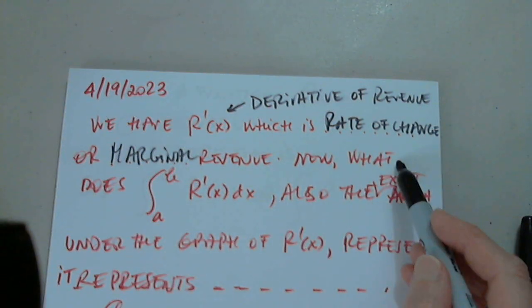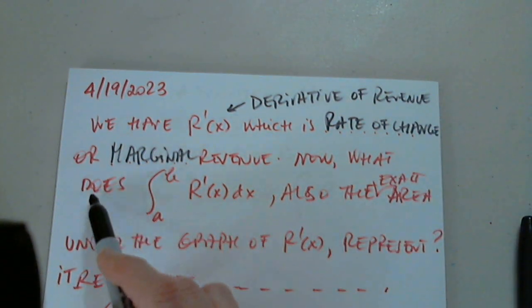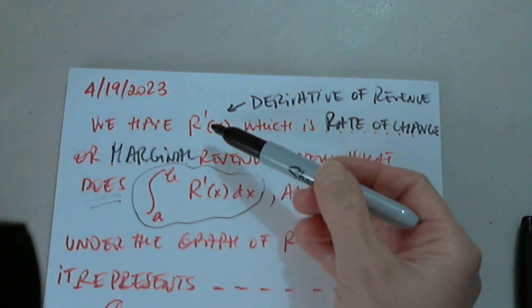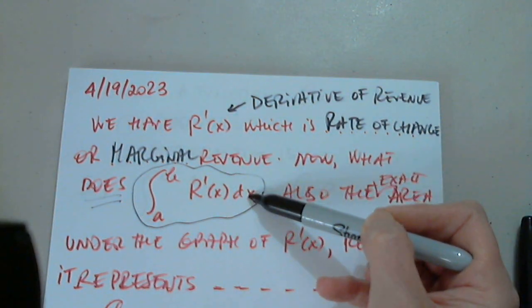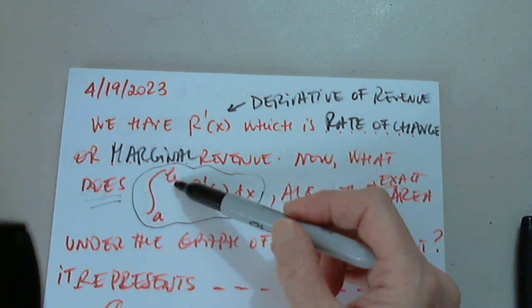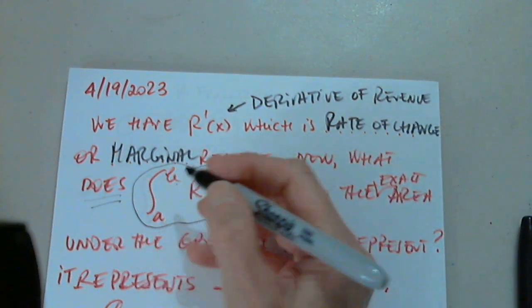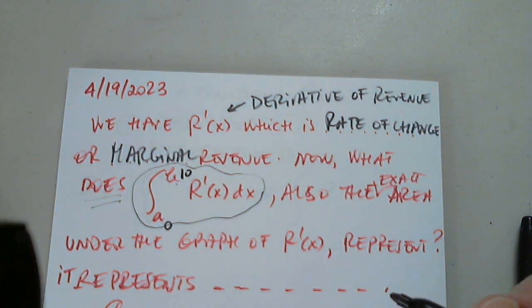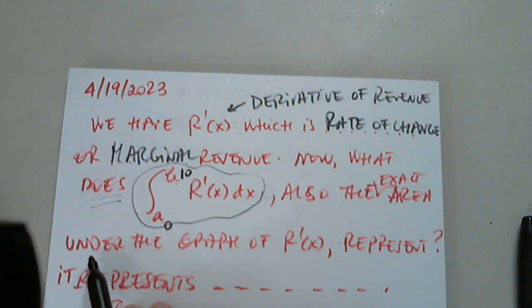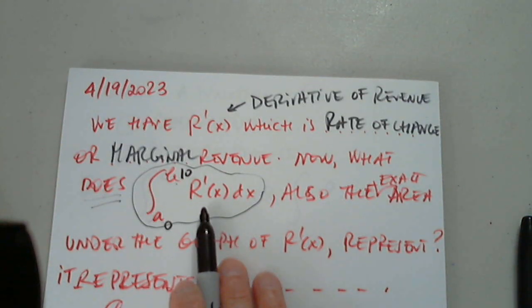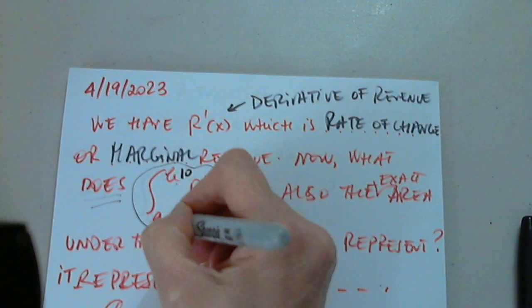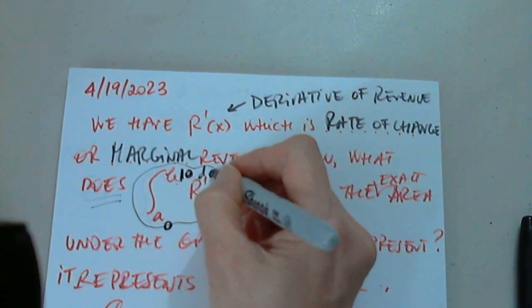Now, here's the question. What does this definite integral from a to b, let's say from 0 to 10 days, which is also the exact area under the graph of R prime, represent?